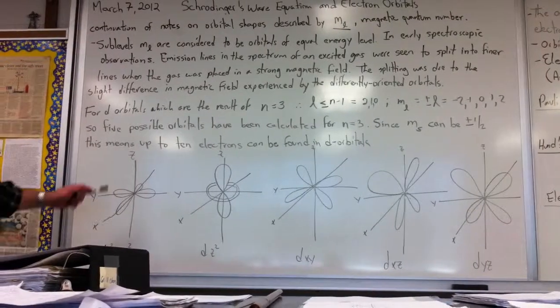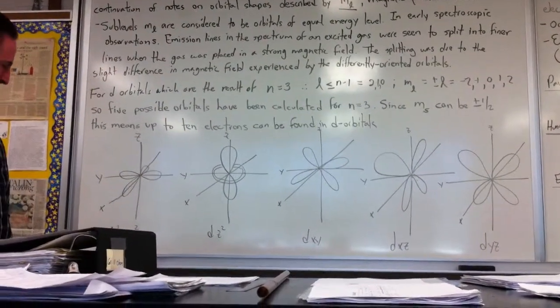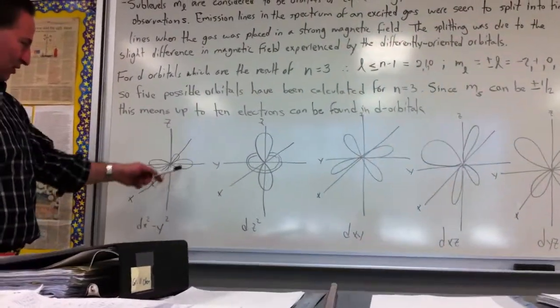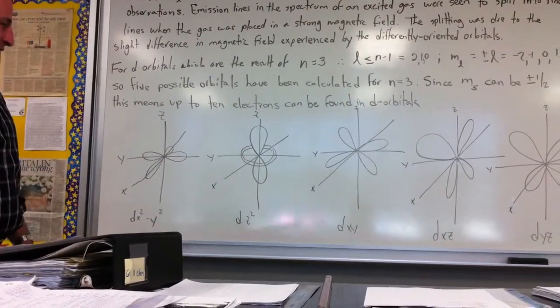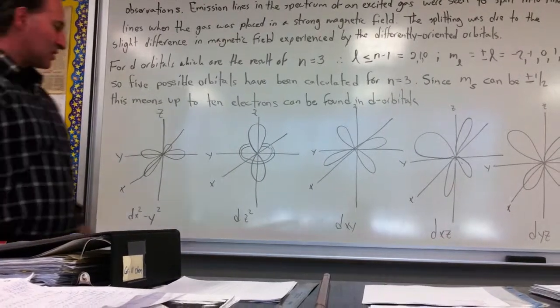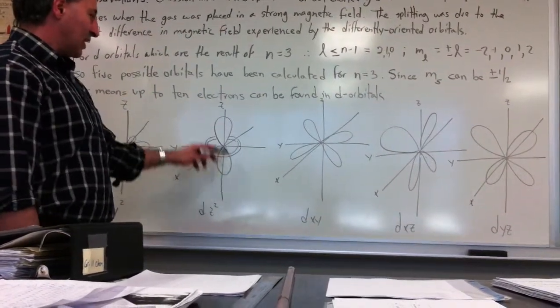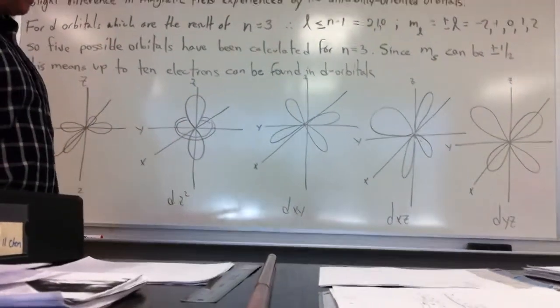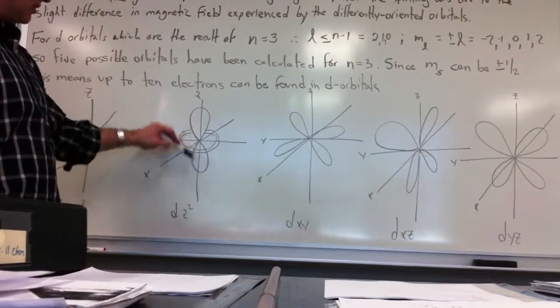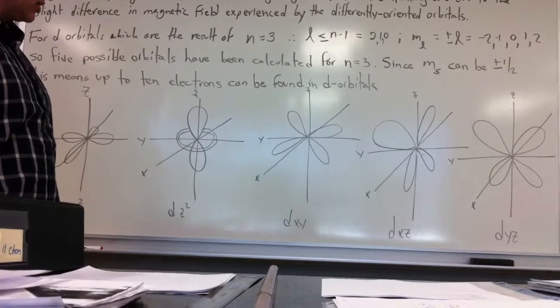And I've drawn them here to show you what the different shapes are. The dx squared minus y squared orbital is 2 lemniscates that are on the x and y axes. The dz squared orbital is a lemniscate on the z axis with a toroidal shape around it, so it's like a donut shape around a dumbbell shape.